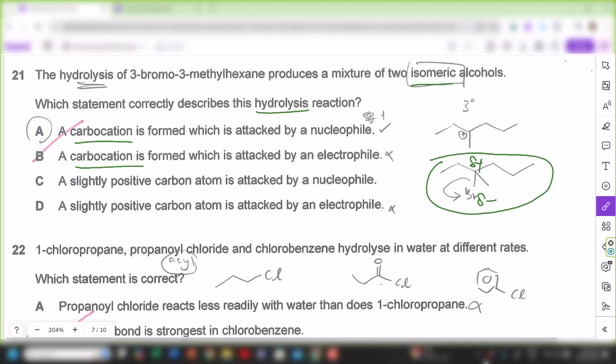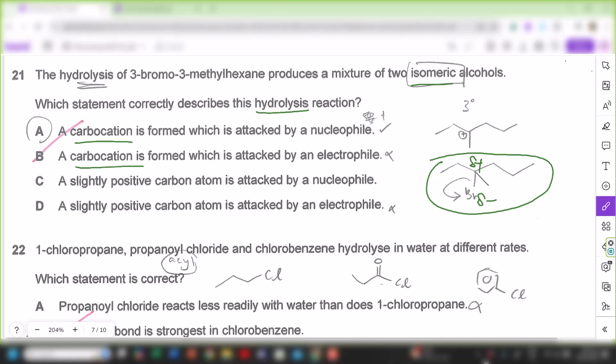Definitely a nucleophile, because the carbocation is electron deficient at the carbocationic center. So regardless of whether we are performing it in an acidic medium or an alkaline medium, the nucleophile usually involves either OH minus or H2O with lone pairs of electrons on oxygen.